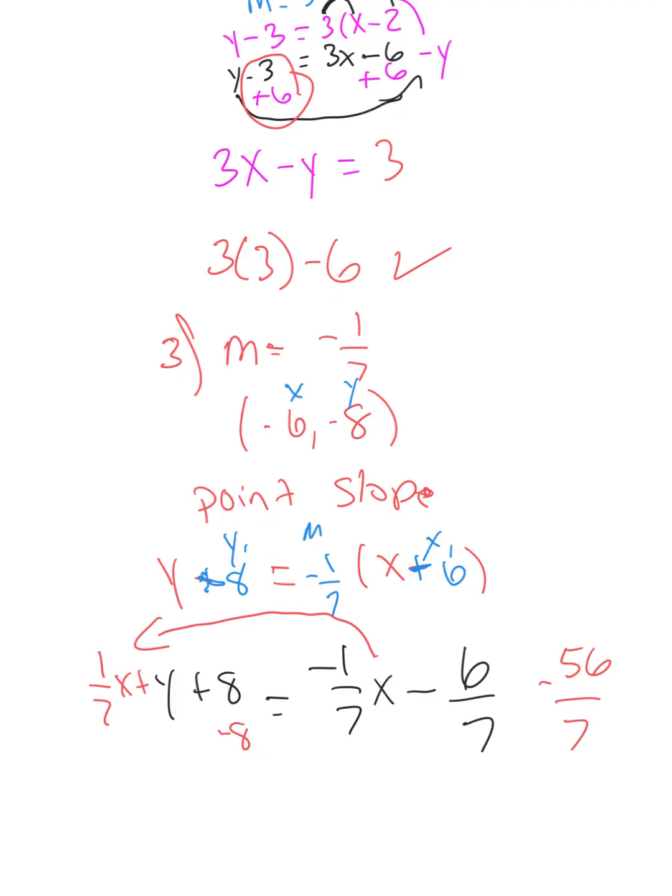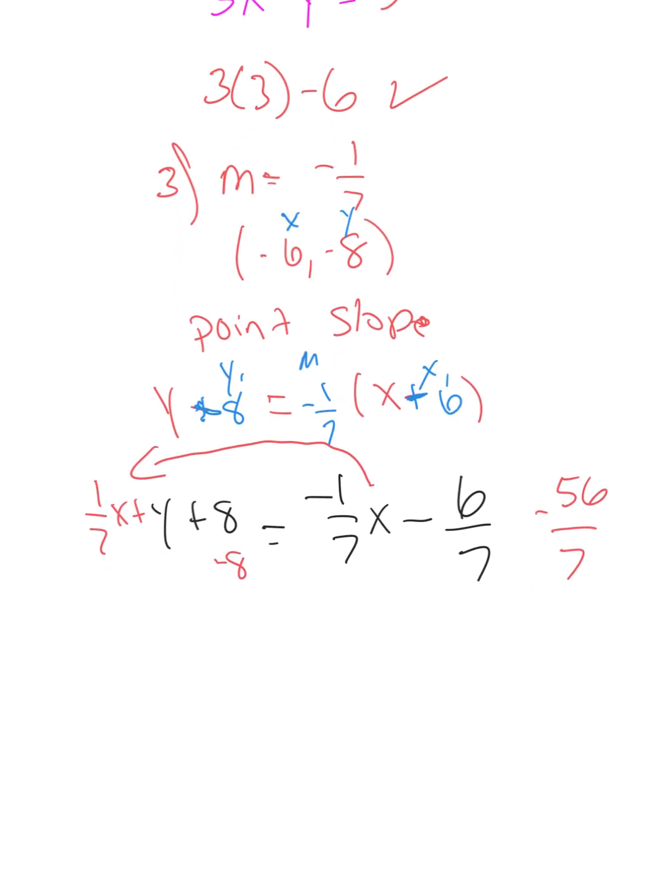And when the signs are the same, you keep them. So 6 plus 56 would be 62, so -62. So we have 1/7 x plus y equals negative 62 over 7.